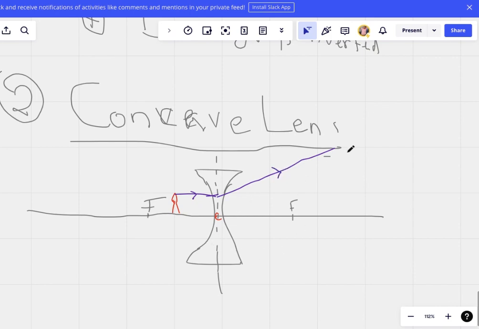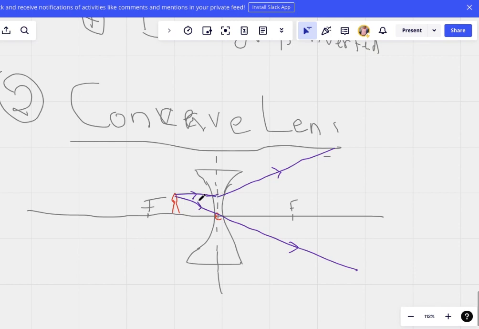Another one passing through the optical center will remain undeviated. The light that is passing through the center will remain undeviated.